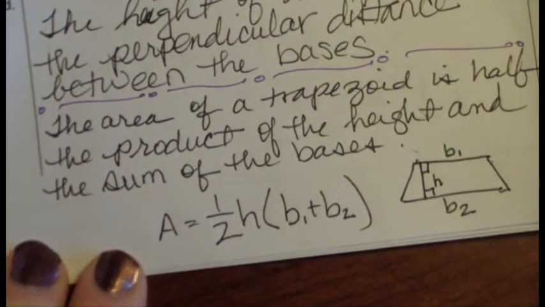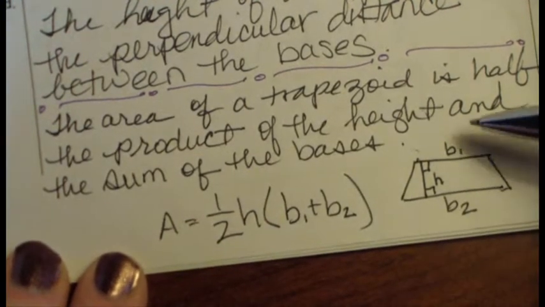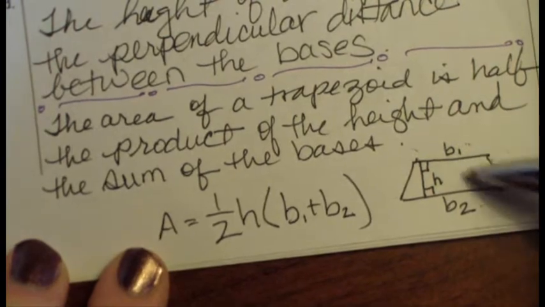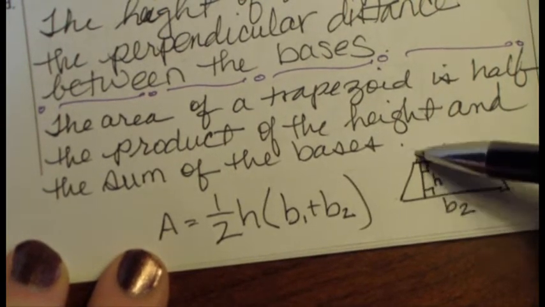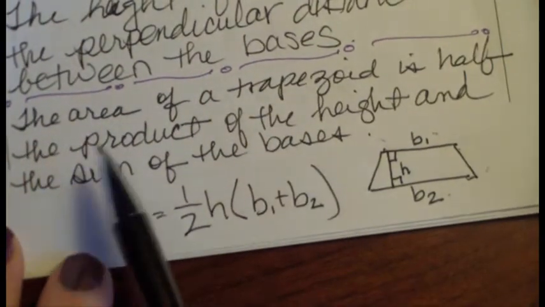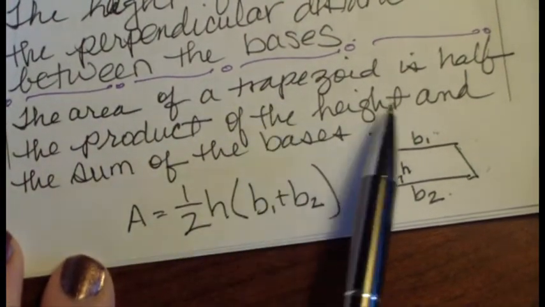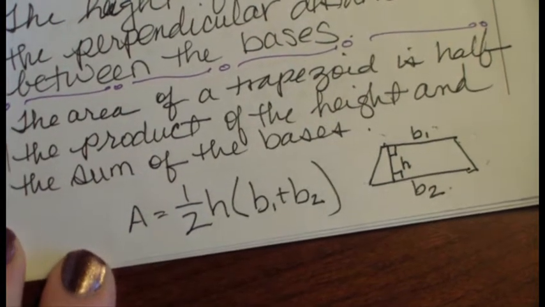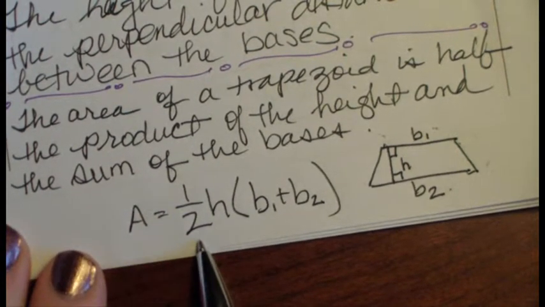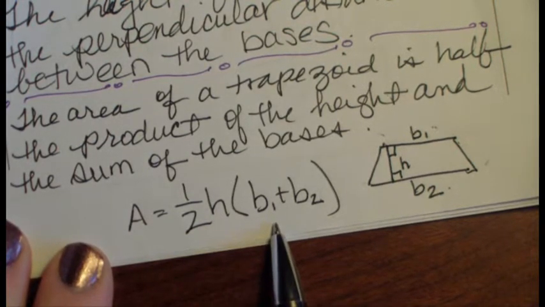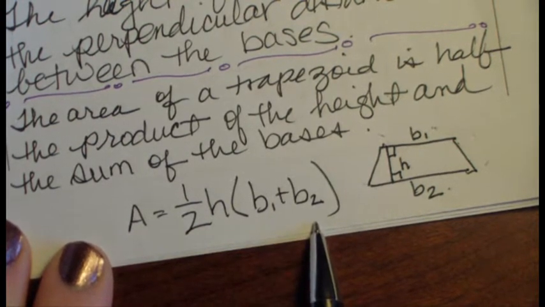So that's what makes it a trapezoid. And so we call the parallel lines base 1 and base 2. And so the height is a perpendicular line between those two bases. And so the area of a trapezoid is half the product of the height and the sum of the bases. So A is equal to 1/2 times H, and then parentheses B1 plus B2.